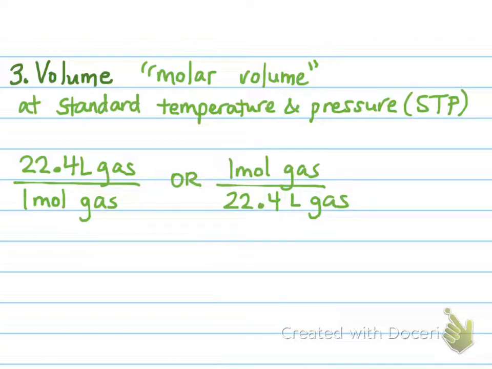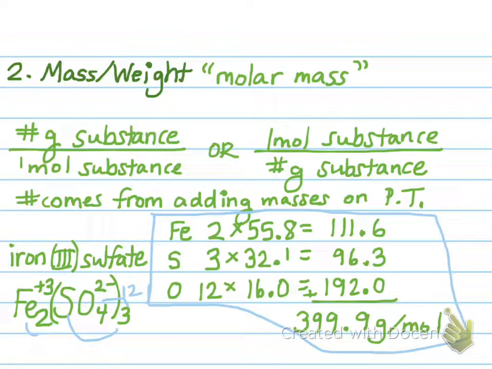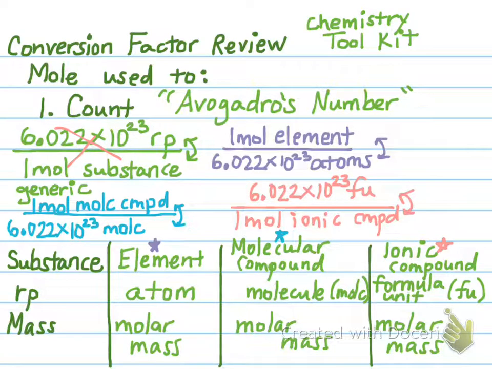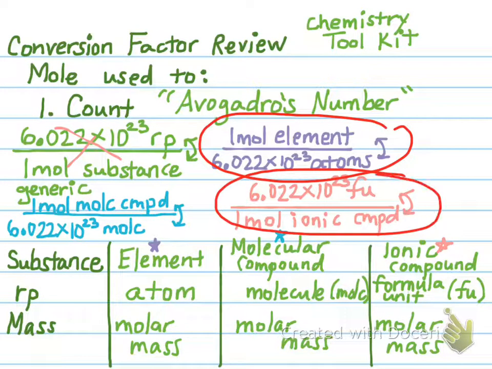So you should have a total of 5 tools on your chemistry toolkit. Here's tool number 1. And again, most of you probably didn't write it both ways. Here's tool number 2, molar mass. And then here's tool number 3, 4, and 5.